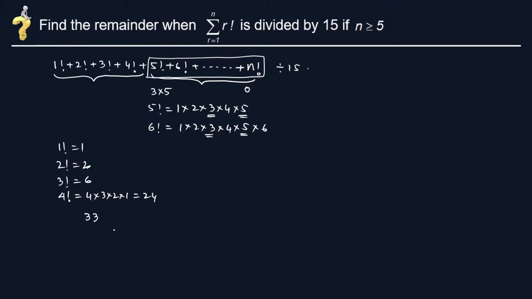So the remainder of the given expression in our problem, when divided by 15, will be generated from this 33. Now when this 33 is divided by 15, we can see that the remainder is 3. Therefore, when the expression which is given to us is divided by 15, the remainder will be nothing but 3.